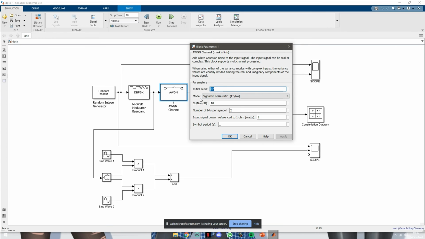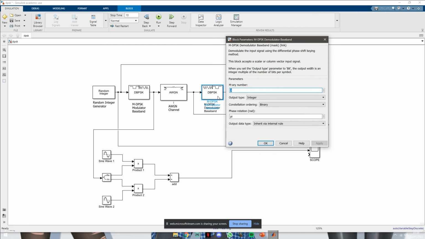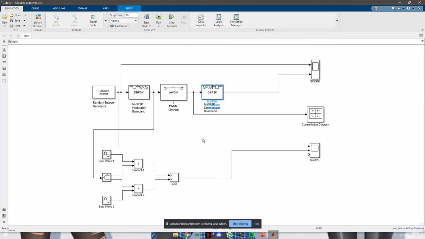Initial seed 67, mode signal to noise ratio, SNR 10 dB, number of bits per symbol set to 1, input signal power is 1 watt, and symbol period is 1 second. Then the next block is the DPSK demodulator baseband. M-ary number we set to 2, output type integer, constellation ordering binary, phase rotation pi.